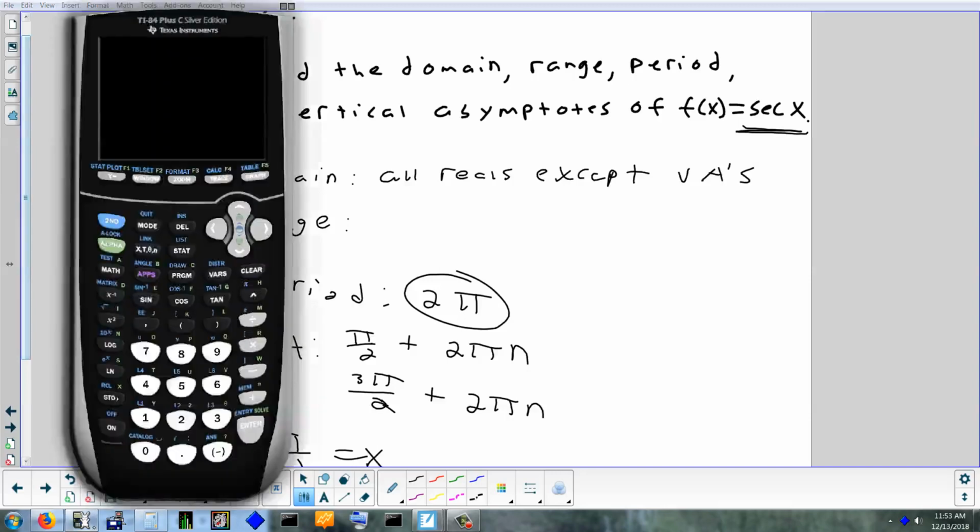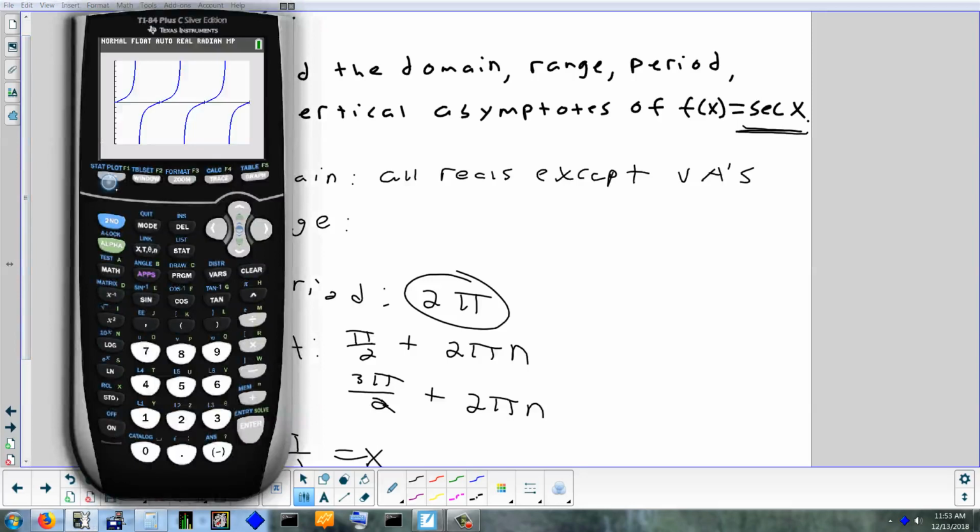Okay. And now the last thing is the range. How do I type in secant? Because I don't have a secant button. Yep. 1 divided by cosine. Now I want to know the range. What I'm going to do is just zoom out a little bit.